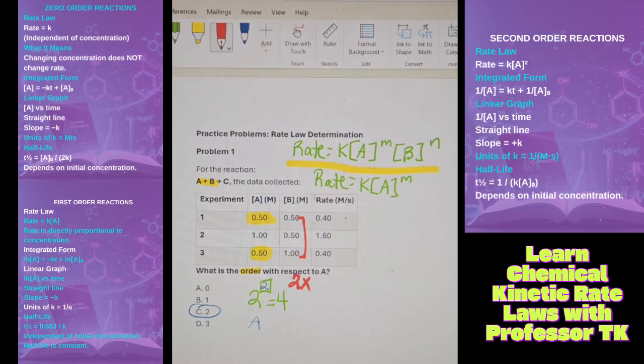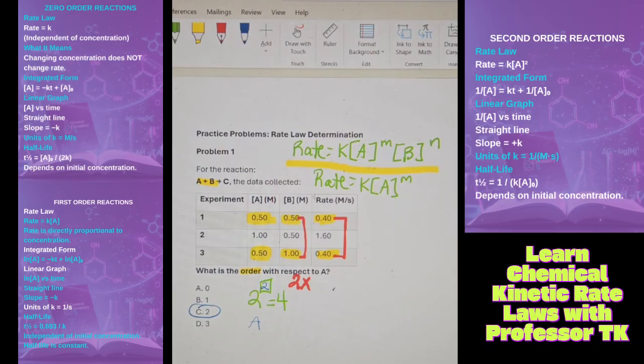Therefore I look over here for my rate, but that remained the same. And since the rate remained the same, although my reactant B doubled, what is that order?